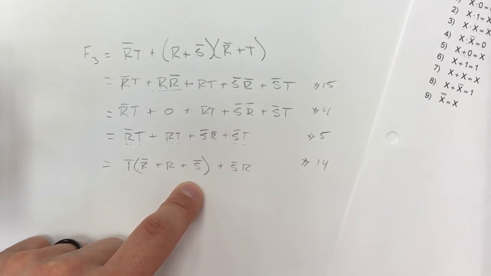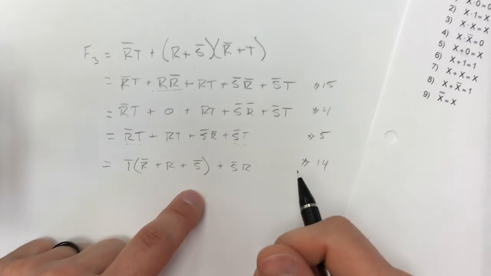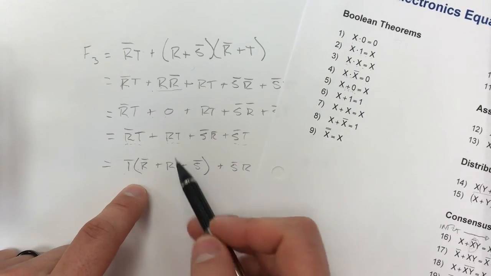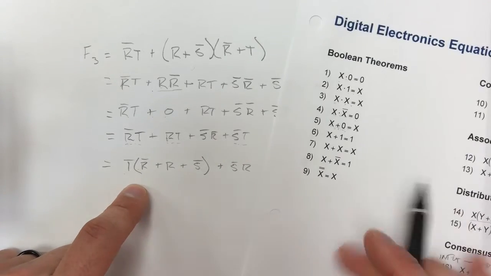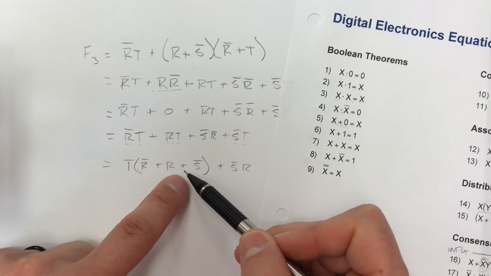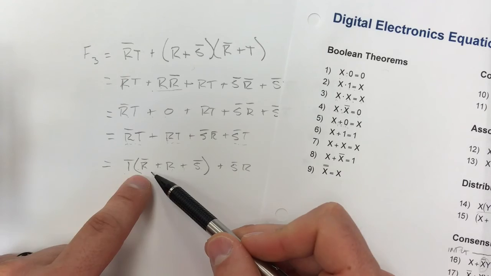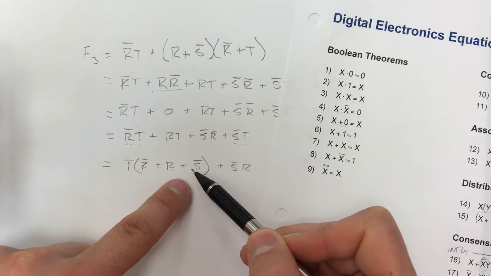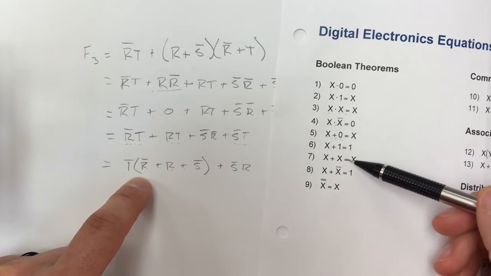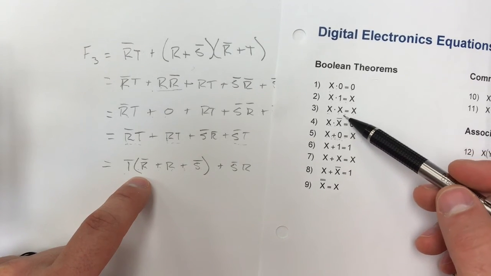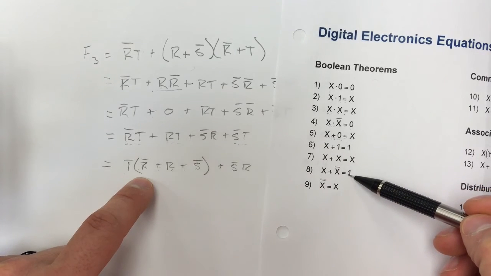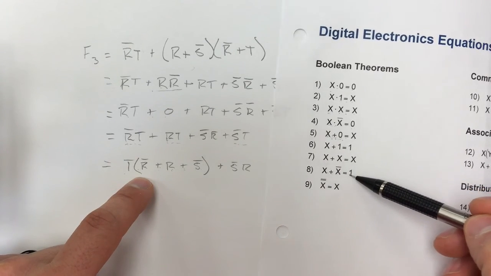We can go even farther than that, because we can break stuff down inside of this quantity. So we have R or R naught, or S naught, R or R naught, plus S or S naught. Looking through our theorems, X or X naught is 1.